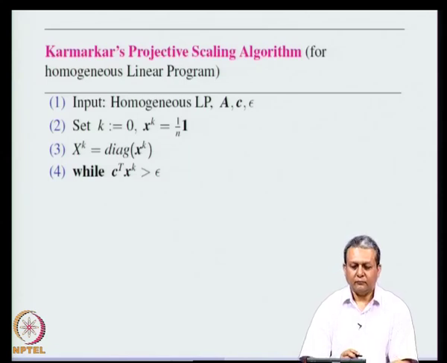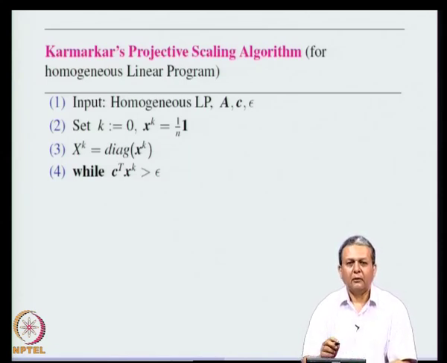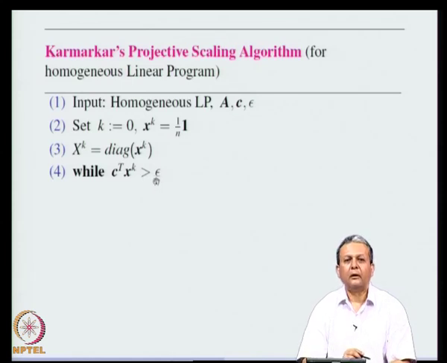So, we can use epsilon instead of 0 to check whether the optimality has been reached. Of course, in the original algorithm, the stopping criteria used was different, but just for understanding, we have put C transpose xk greater than epsilon to be the stopping condition for Karmarkar's algorithm. One can look at the original paper of Karmarkar to see the stopping criteria used by that algorithm.